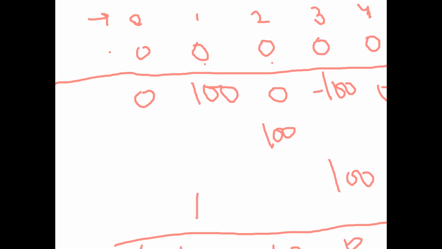So for the prefix sum, I will start from 1, and each value would be equal to the sum of this and the previous value, which would be nothing but 0 plus 100, which would be 100. So 100 plus this 100 would be 200.